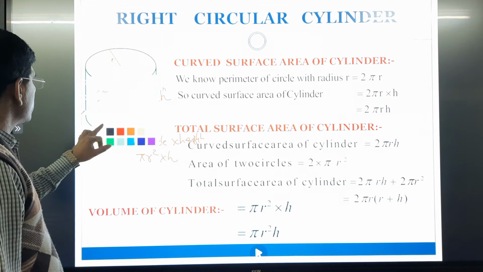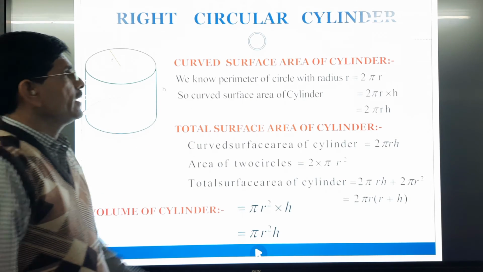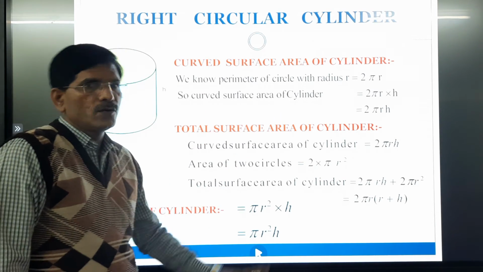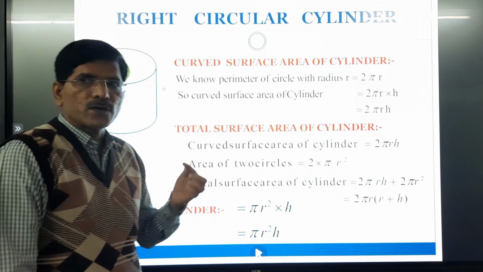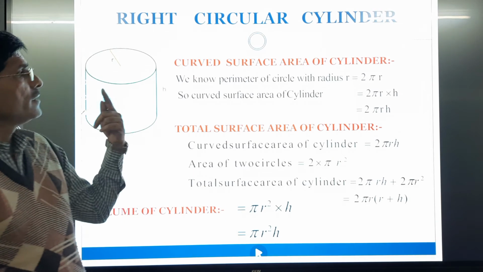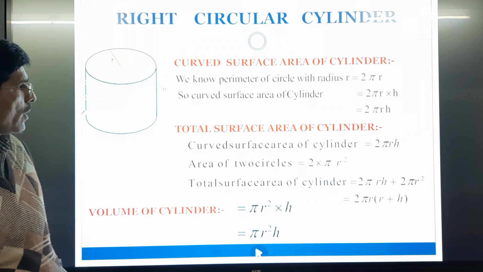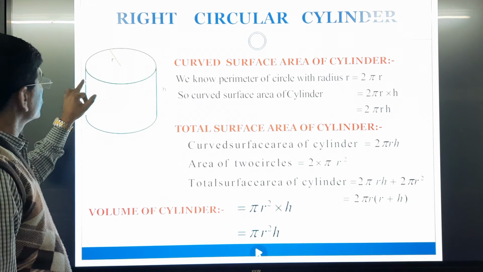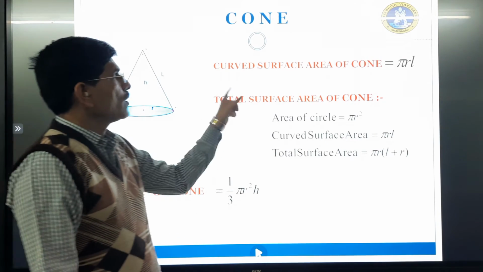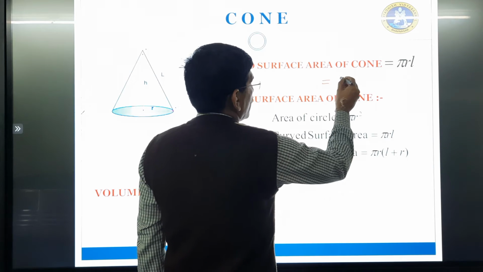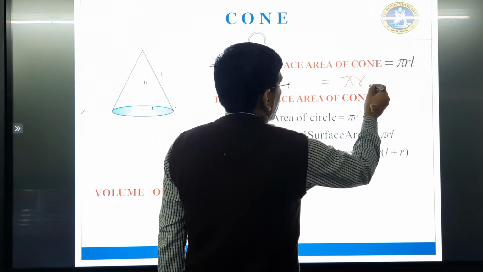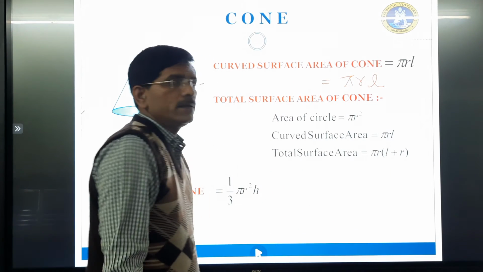So today we are discussing all the formulas related to solid figures. First we discussed the cube, afterward the cuboid, afterward the cylinder. Now we go for the cone. The curved surface area of a cone, the formula is pi r l.